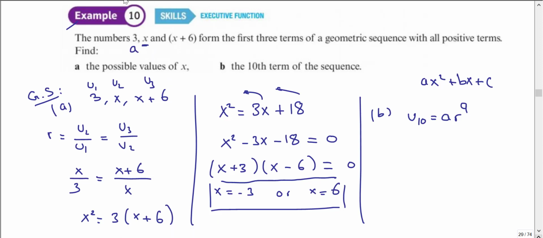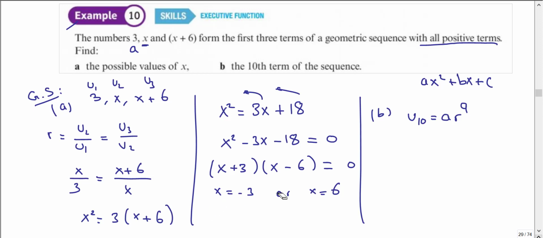When you read the question carefully, they say all terms are positive. So how can we say x equals -3? So x cannot be -3.